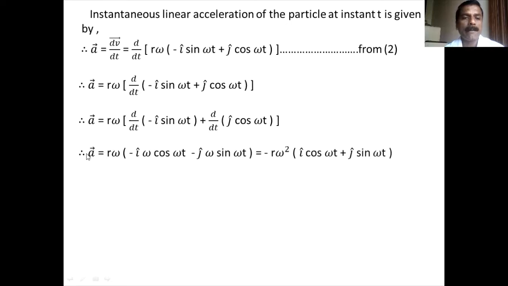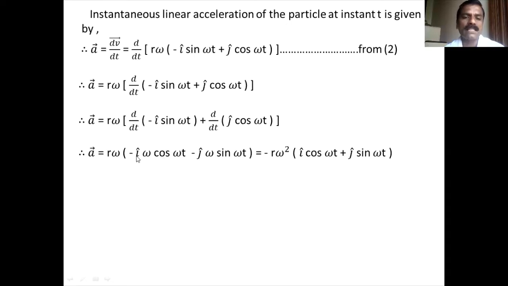See, a bar is equal to r omega, which is taken as constant. So what will be the derivative of this? Again you will find this minus i cap is a constant, omega is also taken as constant, and the derivative of sine is cos, so you will find the negative sign here.